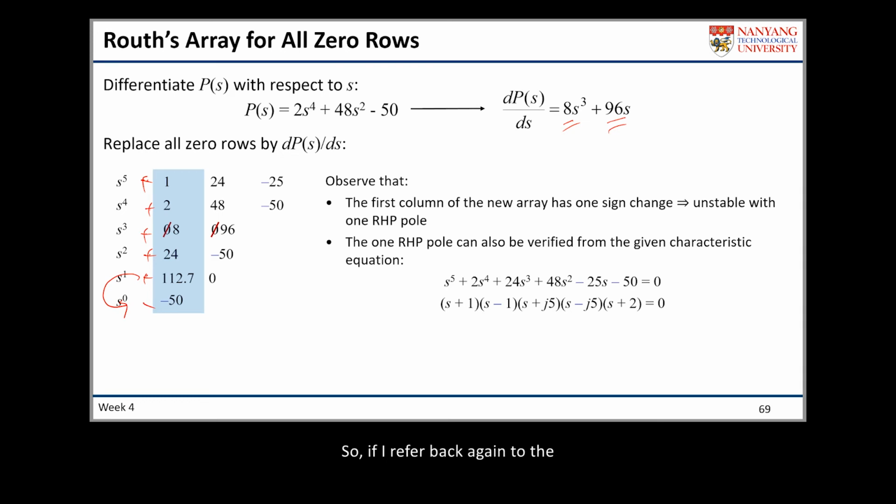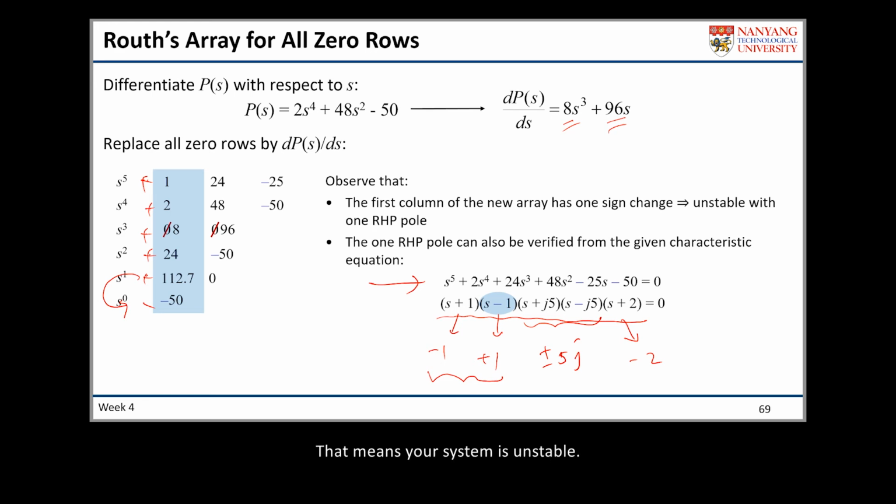So if I refer back again to the characteristic equation and then I try to factorize it, this is the factorized form of the characteristic equation. As you can see here, I will have one pole at negative 1, one pole at positive 1, a pair of imaginary poles at plus minus 5j, and one more pole at negative 2. So as what we have discussed before, in this example, we have a pair of poles which are mirrored to each other about the imaginary axis.